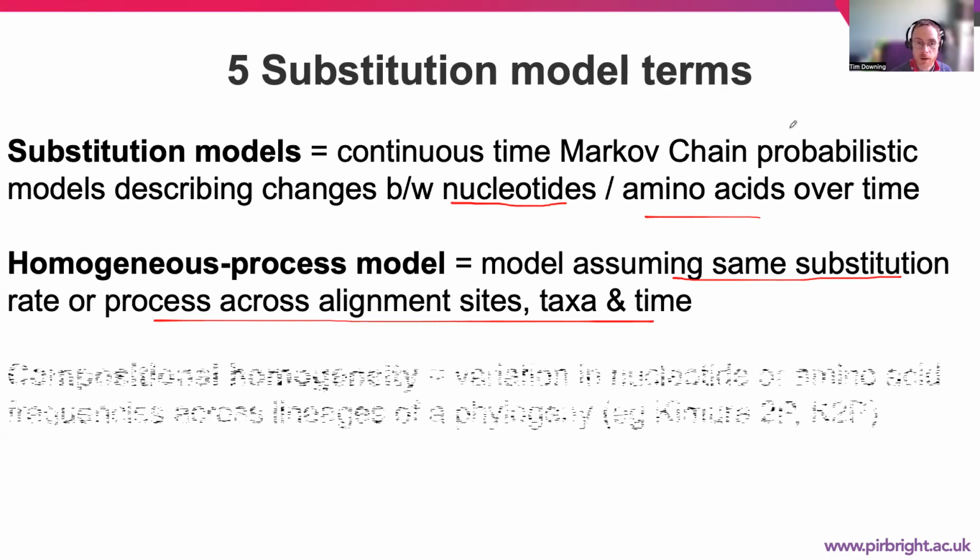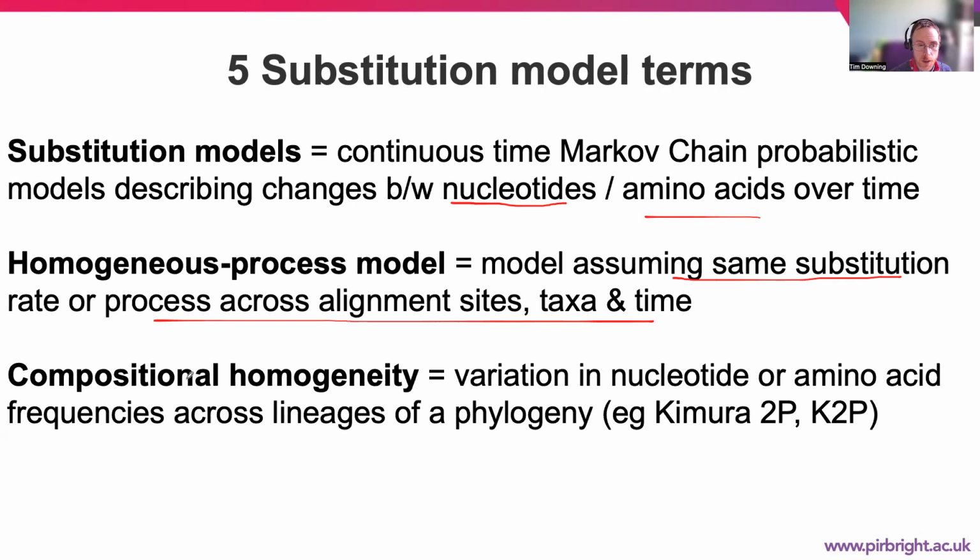We can also think about introducing compositional heterogeneity into this process and think about variation in nucleotide or amino acid frequencies across lineages of the phylogeny, kind of extending the homogeneous process model initially. An example of that is a Kimura two-parameter model, K2P, as you might hear it referred to.